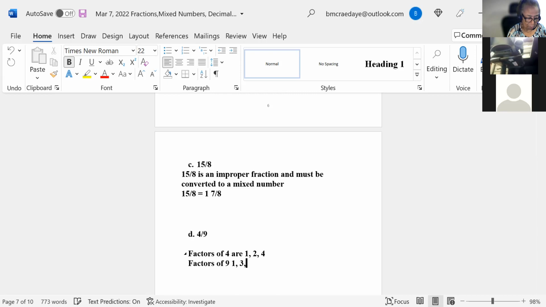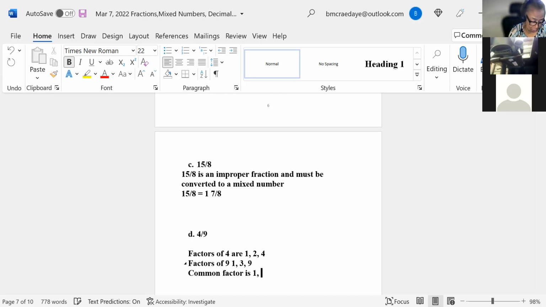What else? 9. That's it. Now, what factors do they have in common? 1. The common factor is 1. So whenever the common factor is 1, the fraction is already at its lowest terms. So the common factor is 1, so you can't reduce.